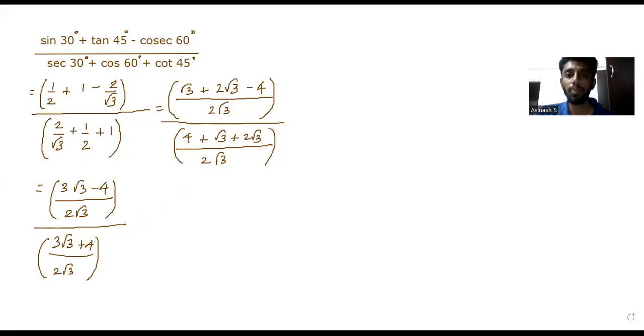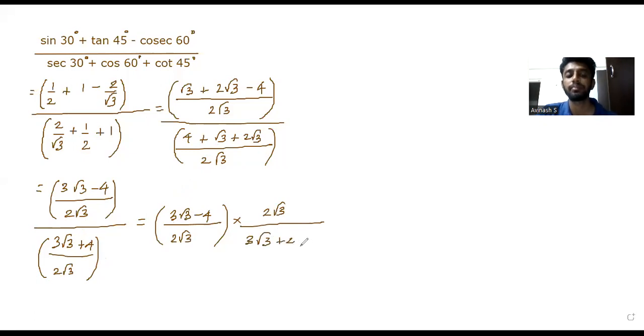Now in the next step, 3 root 3 minus 4 whole divided by 2 root 3 is here. And this term, when it goes to the numerator, it gets interchanged. It becomes the reciprocal. I've already told you this. So now 2 root 3 comes to the numerator and 3 root 3 plus 4 comes to the denominator.